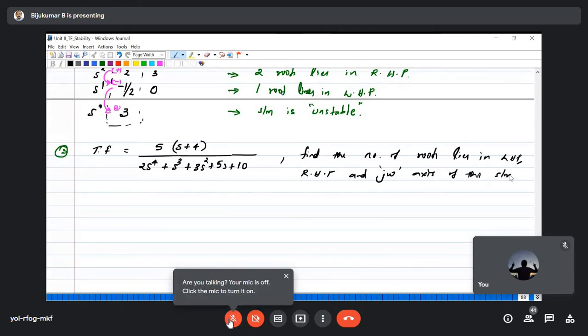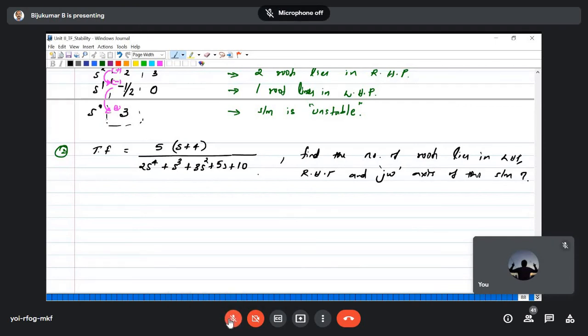Can you find out and tell me? Using Routh array, you have to find. Okay. So from this transfer function, it is understood that the characteristic equation is 2 s raised to 4 plus s cube plus 3 s square plus 5s plus 10. This is our characteristic polynomial.